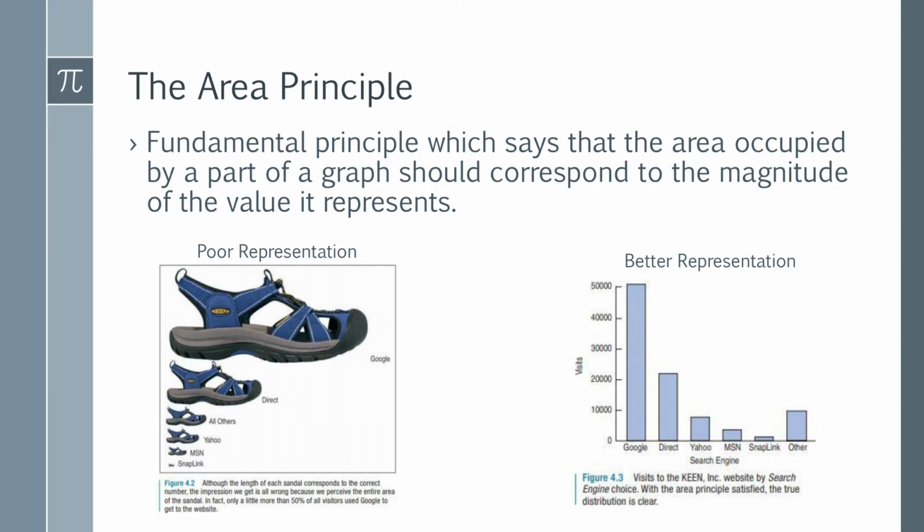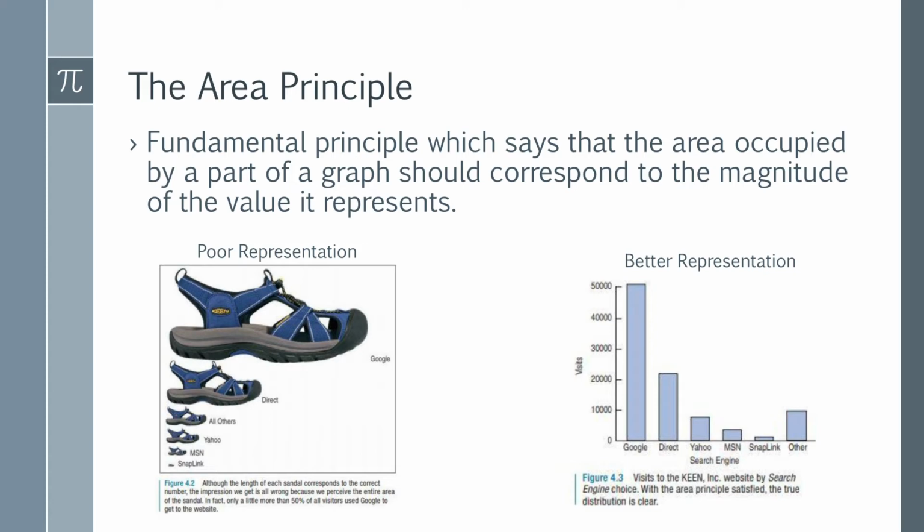The chart on the left is a poor representation. What this is measuring is the number of visitors going to a website that sells shoes and where they're coming from. So we can see by looking at the chart on the left that obviously the majority of the visitors are coming from Google, and then the next one down is direct traffic.